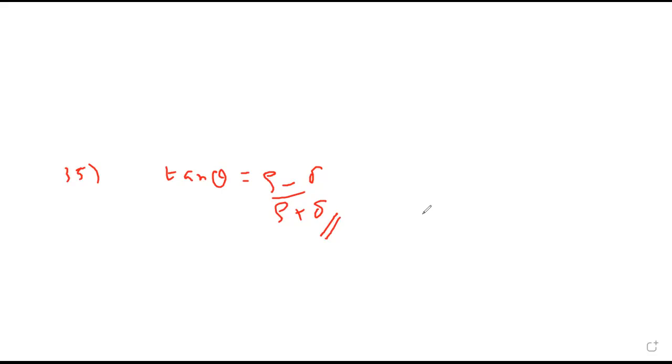Otherwise, we have to think of the height of the liquid column. That means if this is the tube, and it is filled partially, we have to consider this height, then the pressure. Instead of that, directly remember tan of theta is rho minus delta upon rho plus delta.